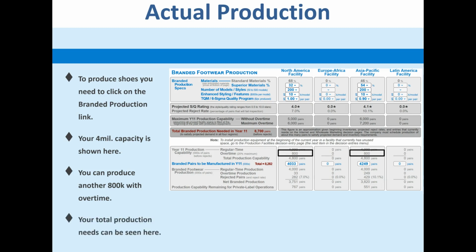So that gives you a total of 4.8 million shoes you're capable of producing in each factory. And you can see what you're actually producing. You can see what you actually need to produce right here. Now this 8.7 million shoes comes from your wholesale marketing screen, in terms of the demand that you generated.